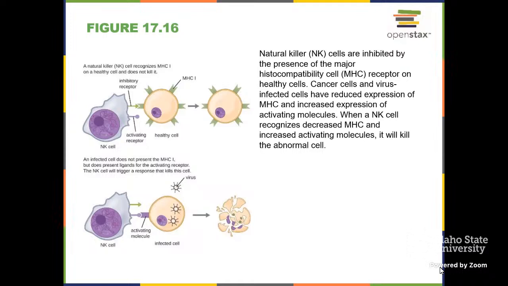And when this marker declines, when those MHC1 complexes decline as a result of either a cancerous or virally infected cell, that's when those natural killer cells have the ability to recognize that there's a problem and try to deal with it.